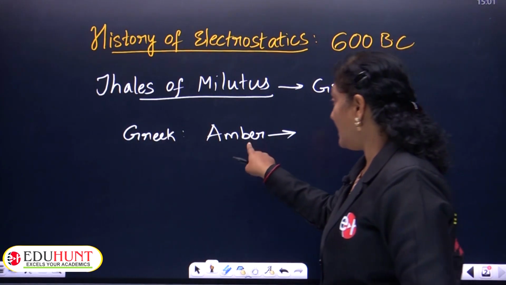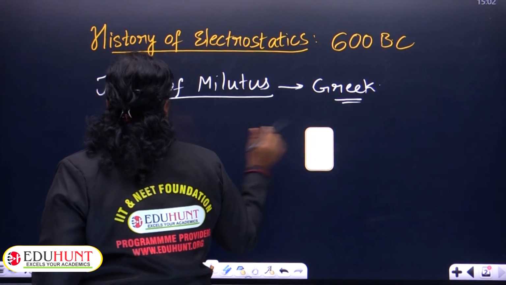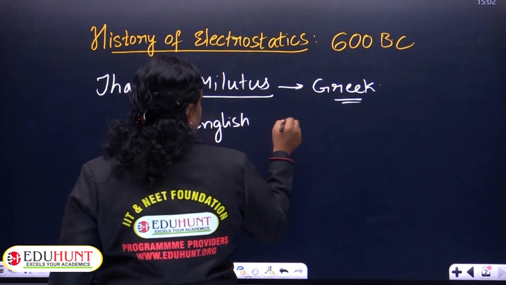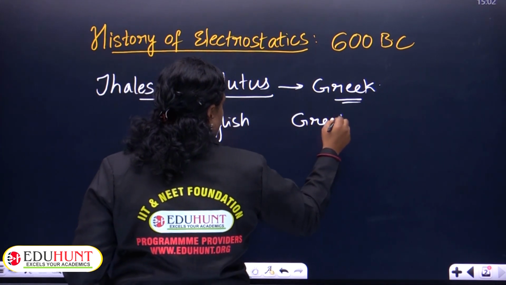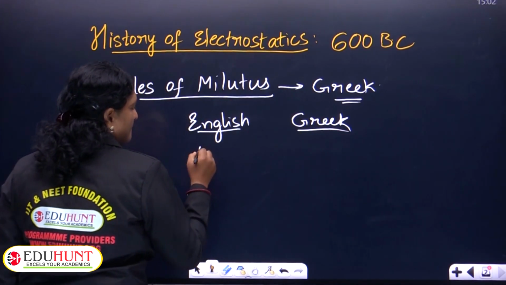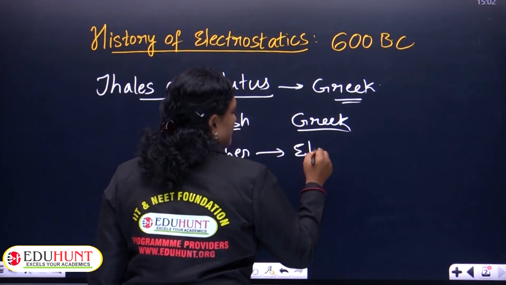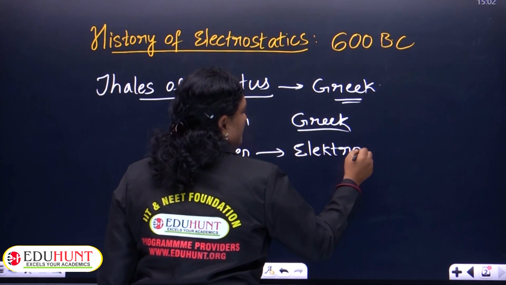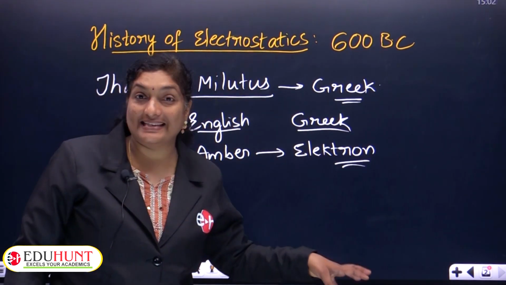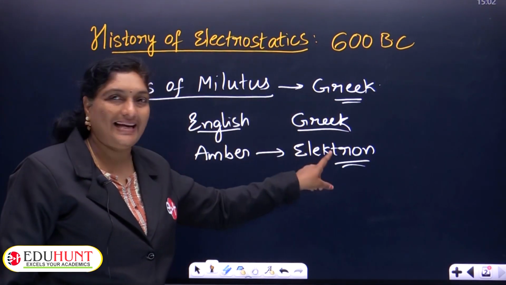The same amber in Greek is called electron. So, the name electrostatics or electricity has originated from the Greek word called electron.